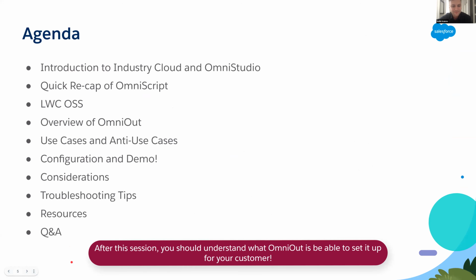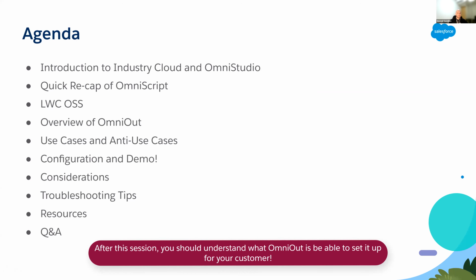Thank you. Okay, so let's go through the agenda. Before we can talk about OmniOut, I need to tell you a little bit about Omni Studio, which OmniOut is a part of, and then Industry Cloud, which Omni Studio is a part of. We'll quickly recap OmniScript. We'll talk about LWC OSS, understand what that is, how it's related to OmniOut, then talk about OmniOut itself.